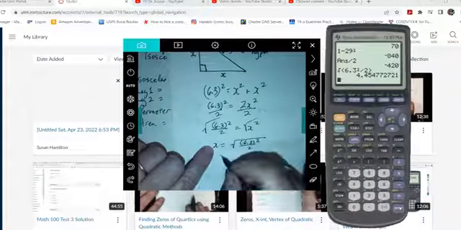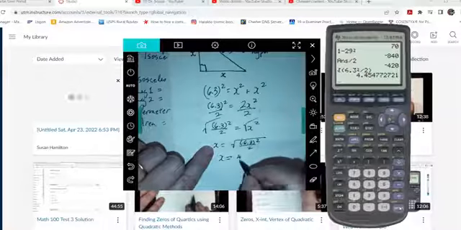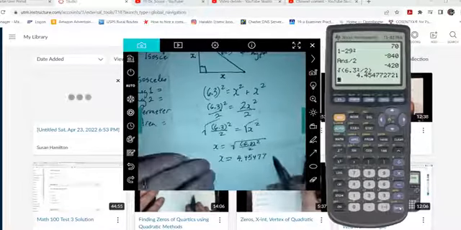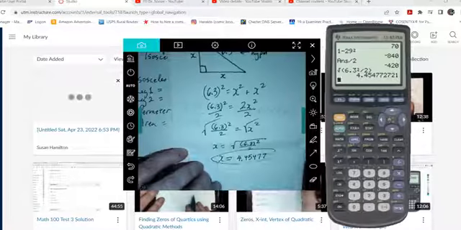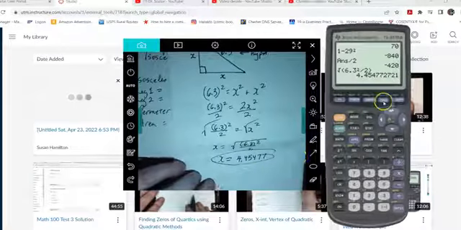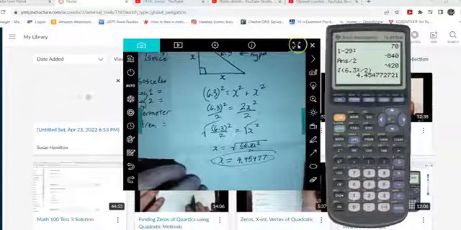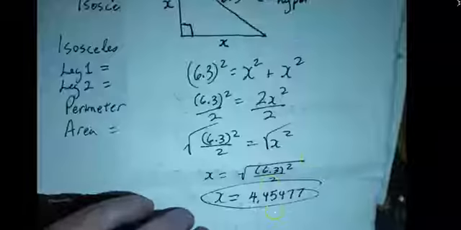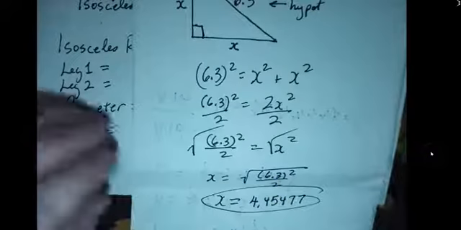So x is... All right, so I might take it that far. And yes, at least that far if you're in MyMathLab or WebWork. You don't want to introduce rounding error. So that's what I put in for leg 1 and leg 2.